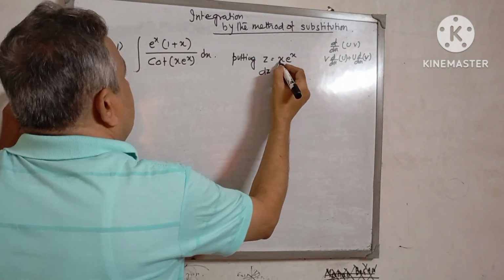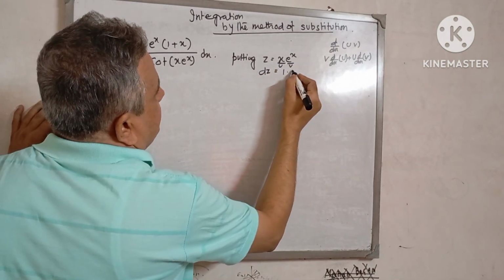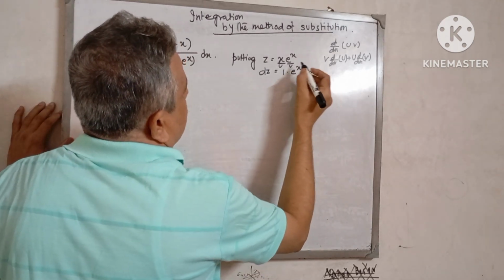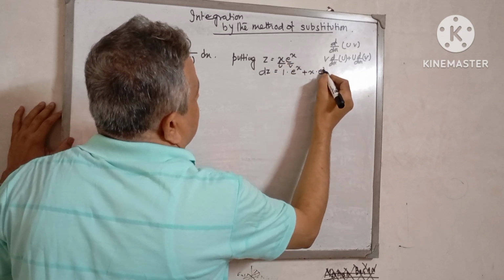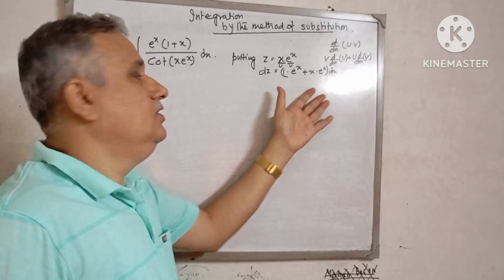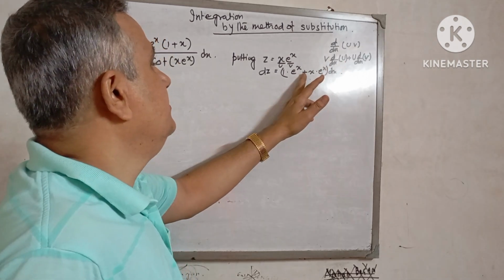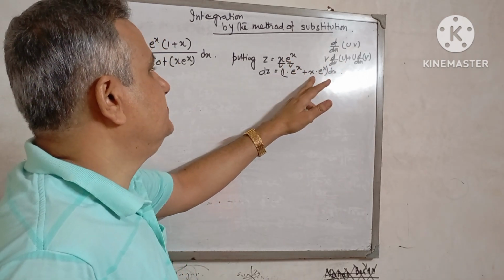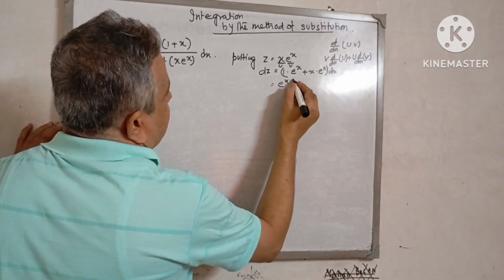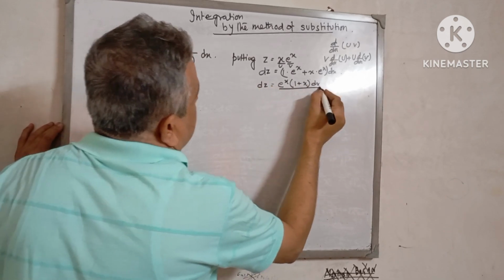So if we consider x as u, e to the power x is v. Differentiation of x is 1, e to the power x as it is, then plus x as it is, and differentiation of e to the power x is e to the power x. Taking e to the power x common, (1 plus x) dx. So dz is equal to this.